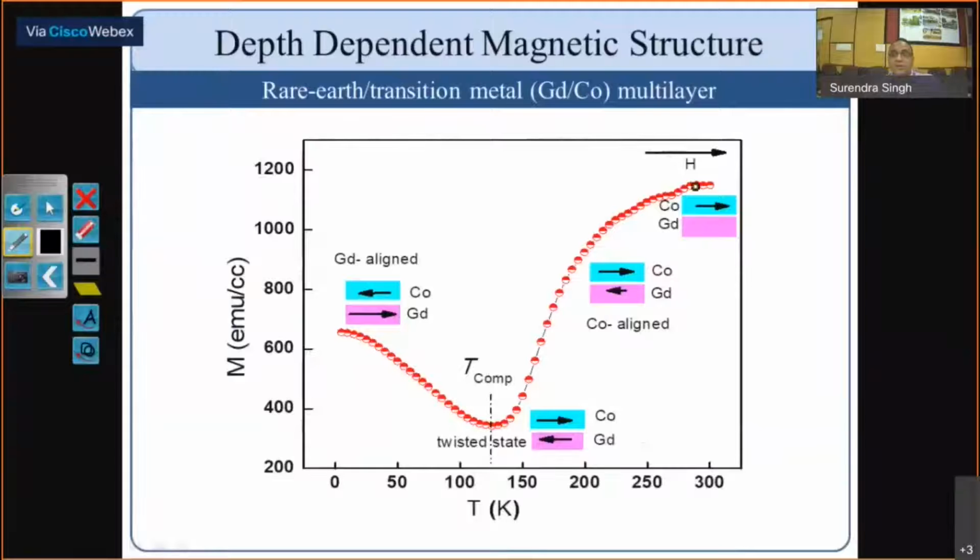At room temperature only cobalt is ferromagnetic and Gd is non-magnetic, so cobalt is aligned along the applied field direction.